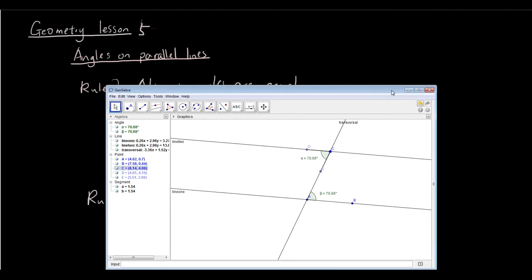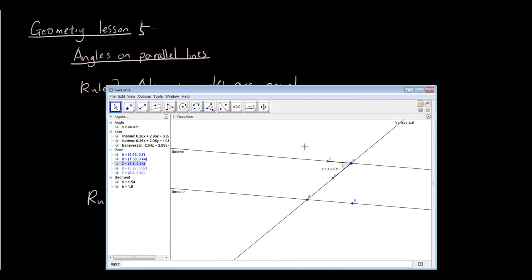Alright, let's do a quick example. Let's say I delete this angle here and rearrange this somehow, and let me just copy that to my lesson.